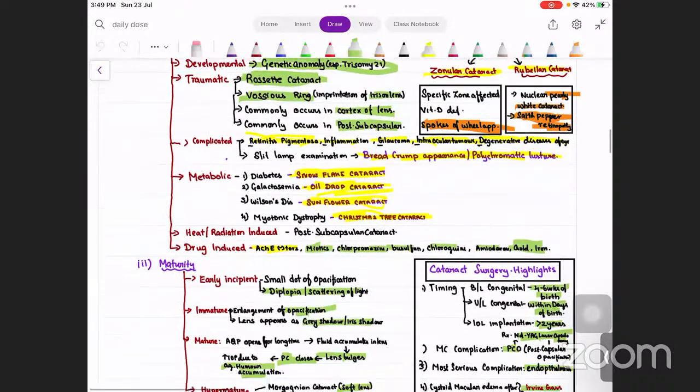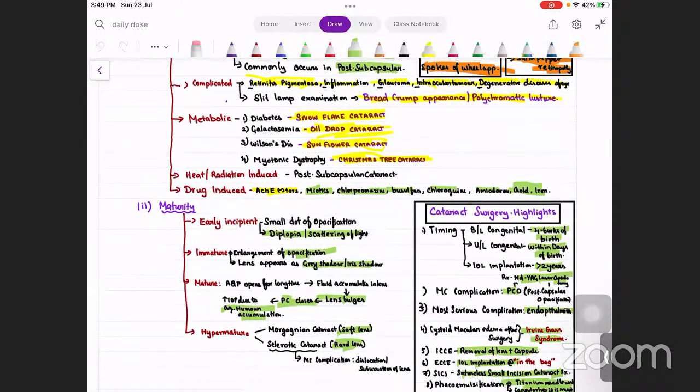Morgagnian cataract, you may see what type of lens? Soft lens. Sclerotic cataract, you may see what type of lens? Hard lens.